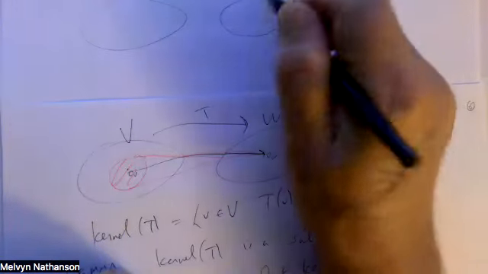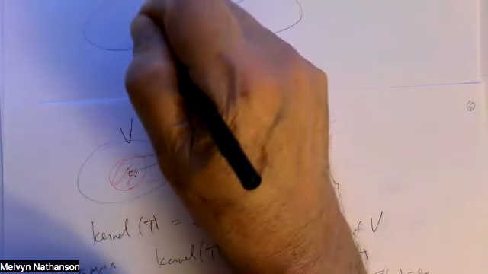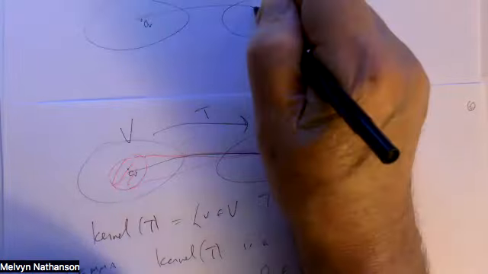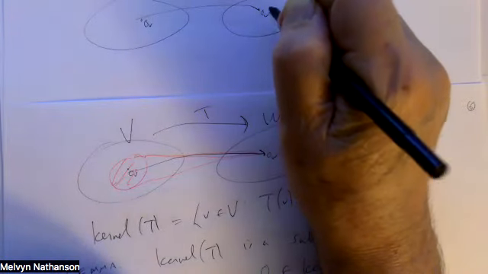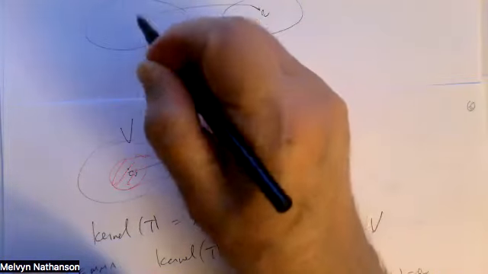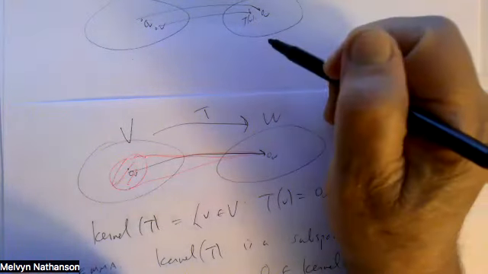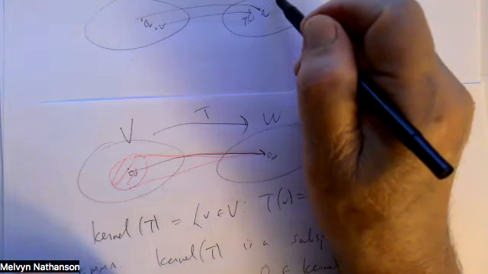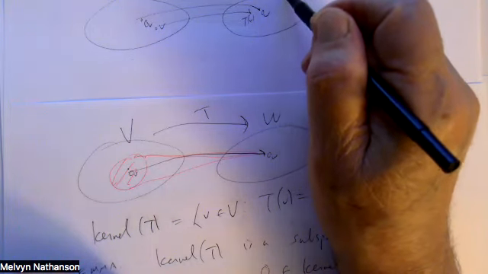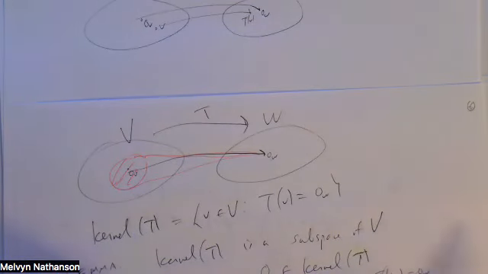Here's V, here's W, here's a linear transformation T from V to W. The 0 of V gets mapped to the 0 in W. Now, every vector V gets mapped to some vector T of V in W. But it's not necessarily the case that every vector in W is the image of some vector in V.